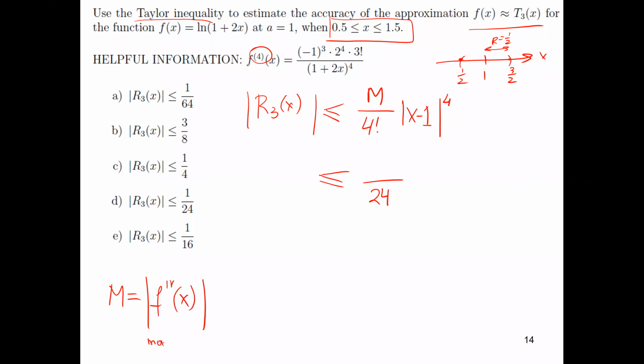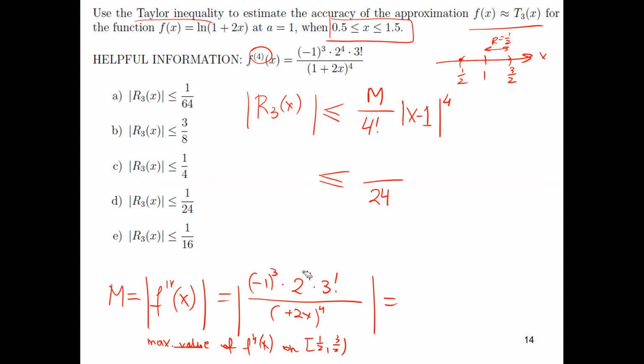We have to find the maximum value of the fourth derivative on the interval from half to 3/2. Okay, negative 1 to the 3, which becomes positive anyway. 2 to the power of 4, 3 factorial, and 1 plus 2x to the power of 4. That means this is my fourth derivative, okay?